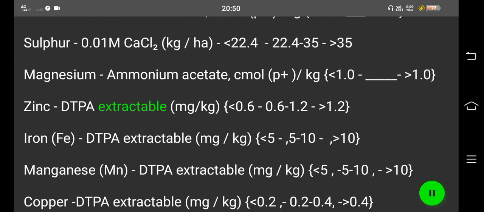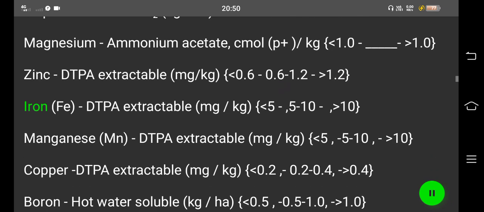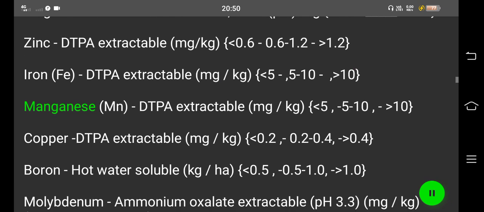Zinc, DTPA extractable, milligram per kilogram: less than 0.6, 0.6 to 1.2, greater than 1.2. Iron, Fe, DTPA extractable, milligram per kilogram: less than 5, 5 to 10, greater than 10. Manganese, Mn, DTPA extractable, milligram per kilogram: less than 5, 5 to 10, greater than 10.